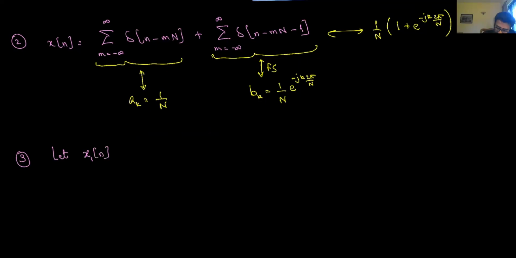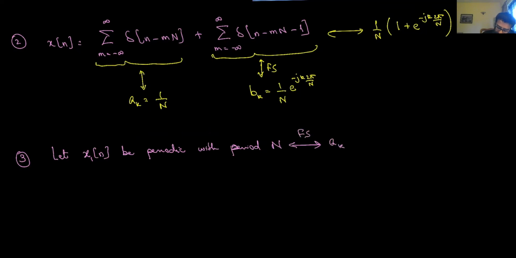So let me write this out here for everybody else to think about as well. Let x1 of n be periodic with period N, and its Fourier series coefficients with respect to the period N are a_k's.